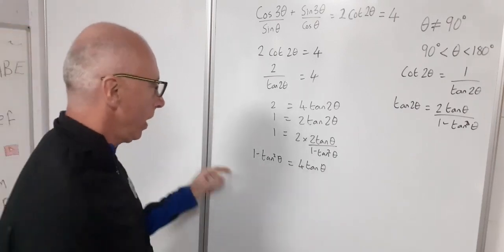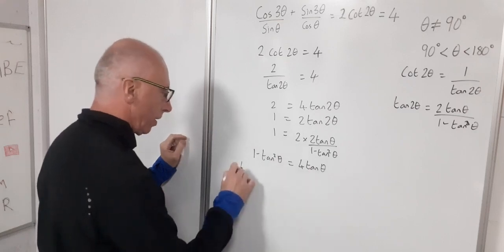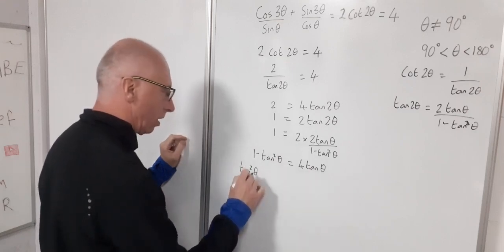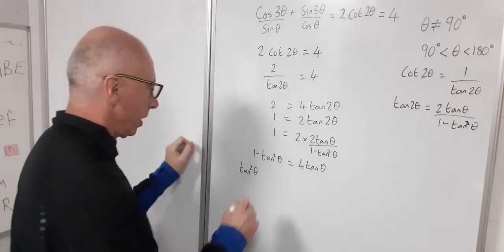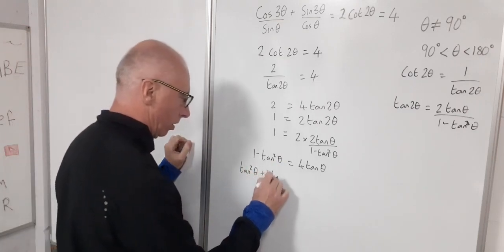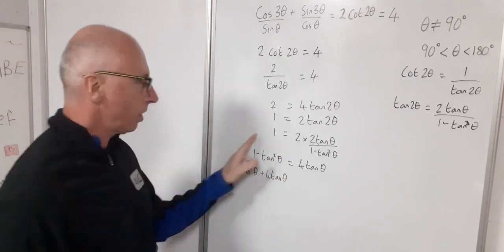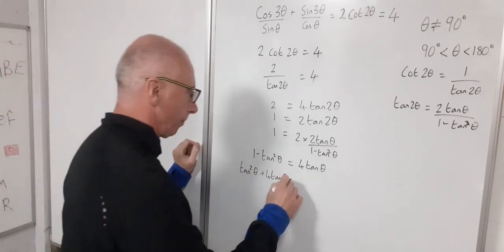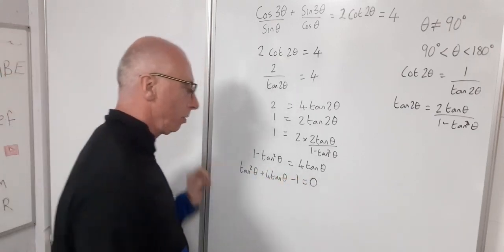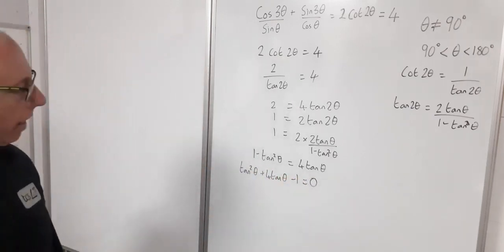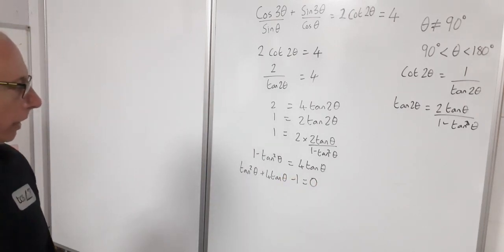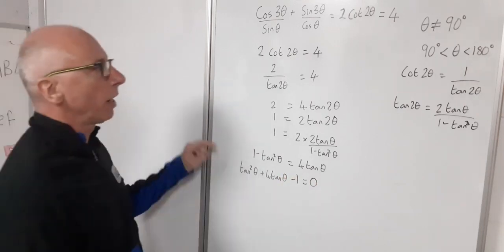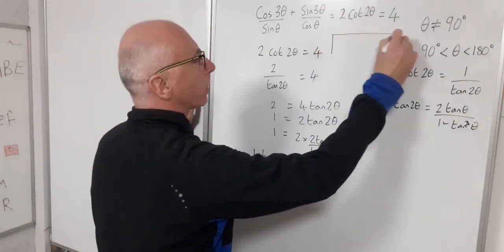So if I bring this all over here, I would have tan squared theta, I'd have plus 4 tan theta, and bringing this over to this side, I'll have minus 1. And then set all that to be 0. And yeah, that looks like a quadratic. So quadratic formula, let's write that up, stick it in a box.